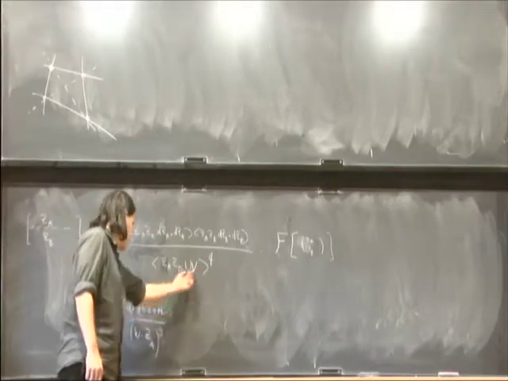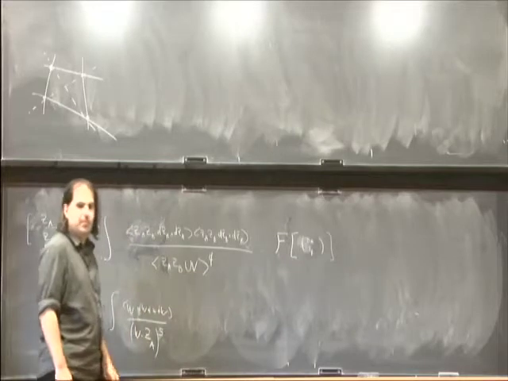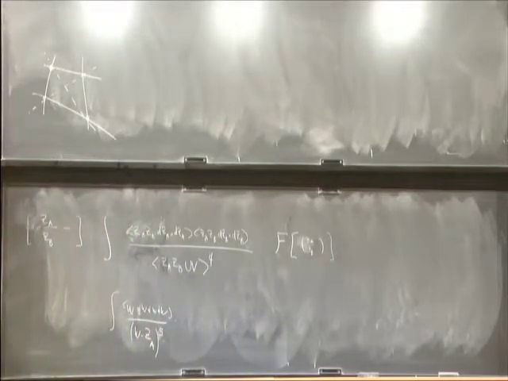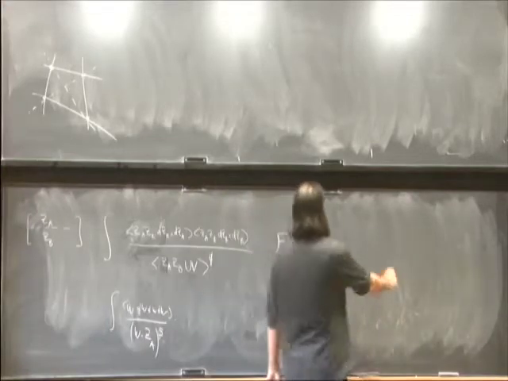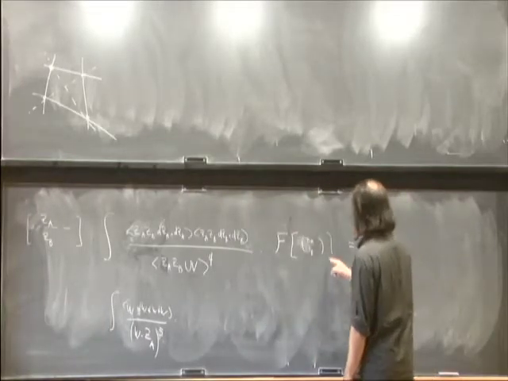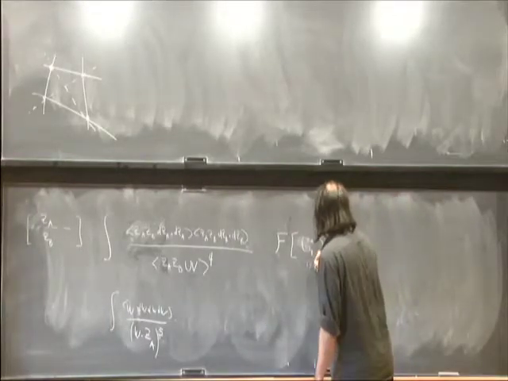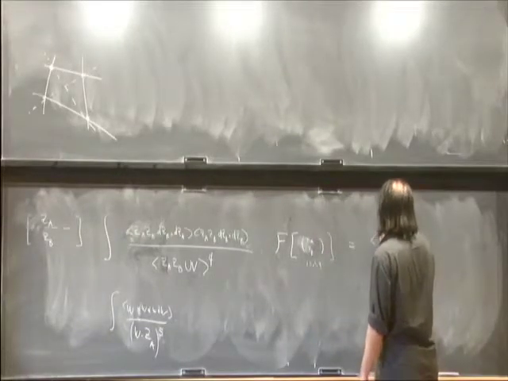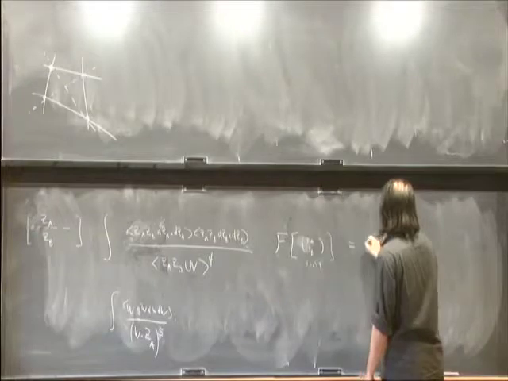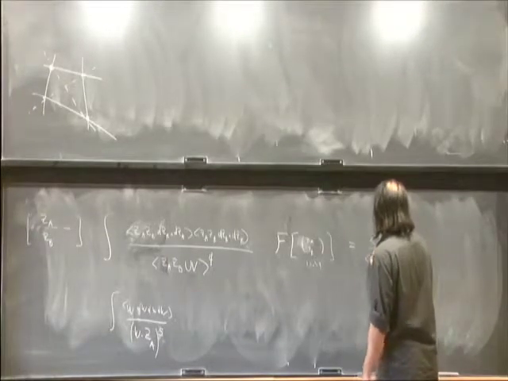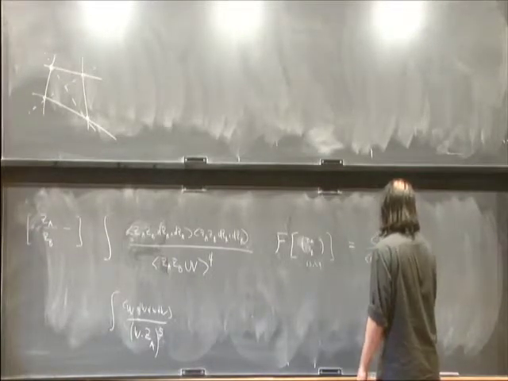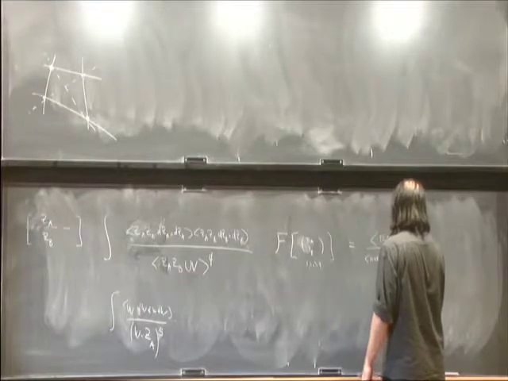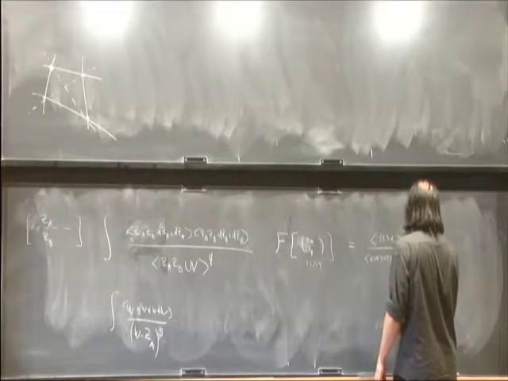The role of ZA is played by some special point AB. But somehow we know the answer that we want. So this should depend on the points 1, 2, 3, and 4 as well, such that the answer is 1, 2, 3, 4 squared over 1, 2 UV, 2, 3 UV, 3, 4 UV, 4, 1 UV.